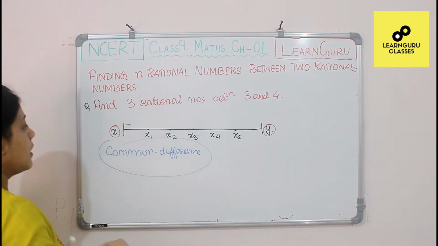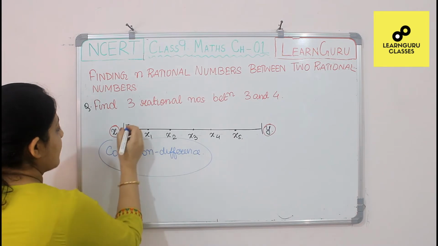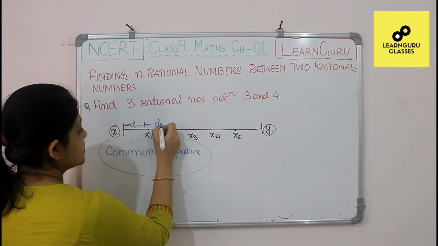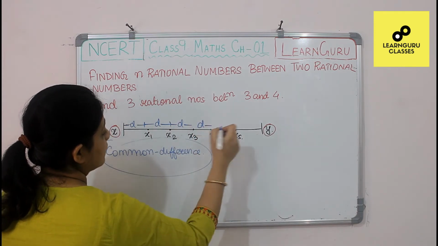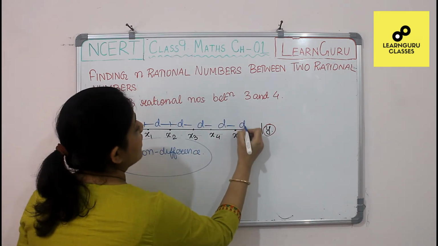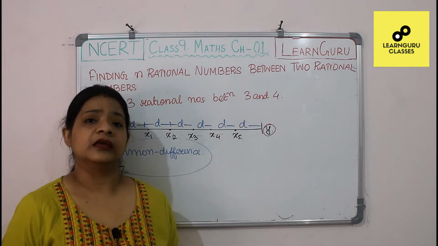It means the distance between x and x1 is d, the distance between x1 and x2 is d, x2 and x3 is d, x3 and x4 is d, x4 and x5 is d, and x5 and y is d.